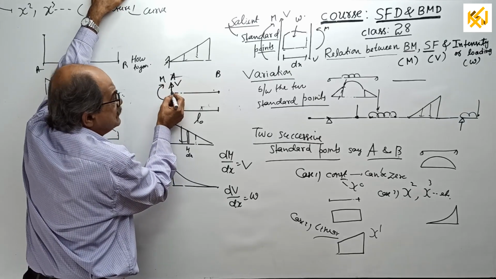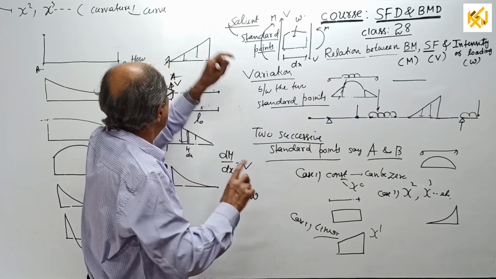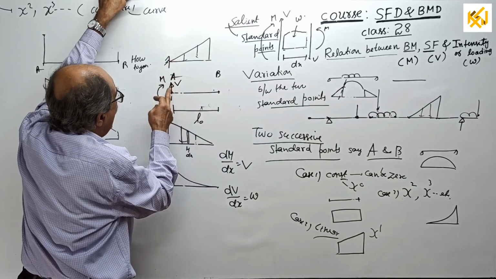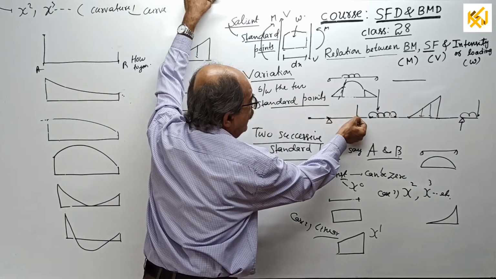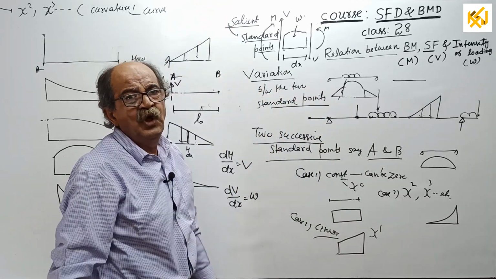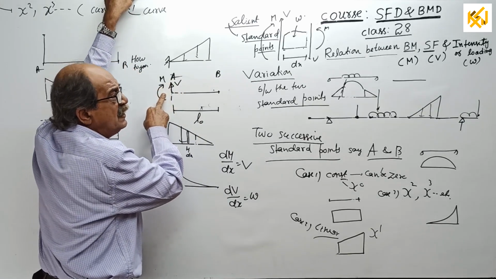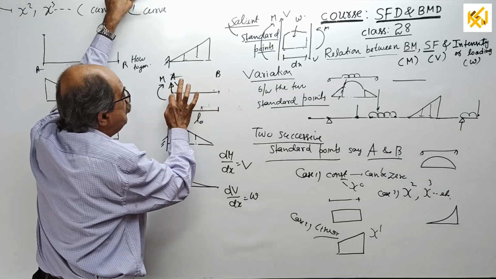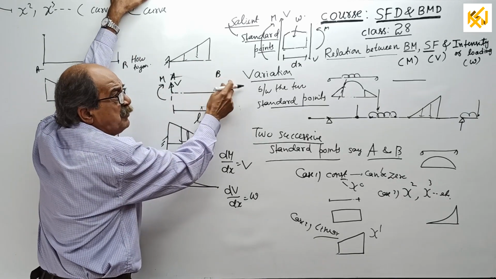Now, this does not mean that V is the reaction. It can be the reaction if it is the end of the beam. But if it is somewhere in between, then V is the net force from this side. So do not learn by heart that V is the reaction and M is the reacting moment. When I consider a free body, a part of the structure between 2 standard points, this side also has shear force and BM.